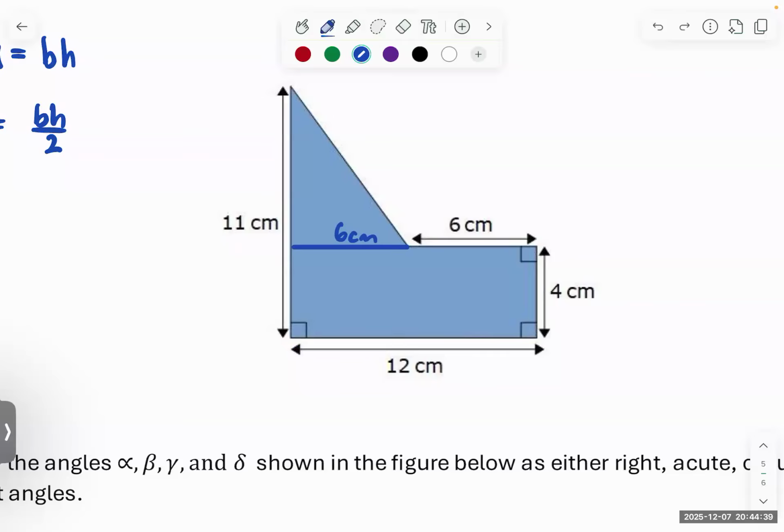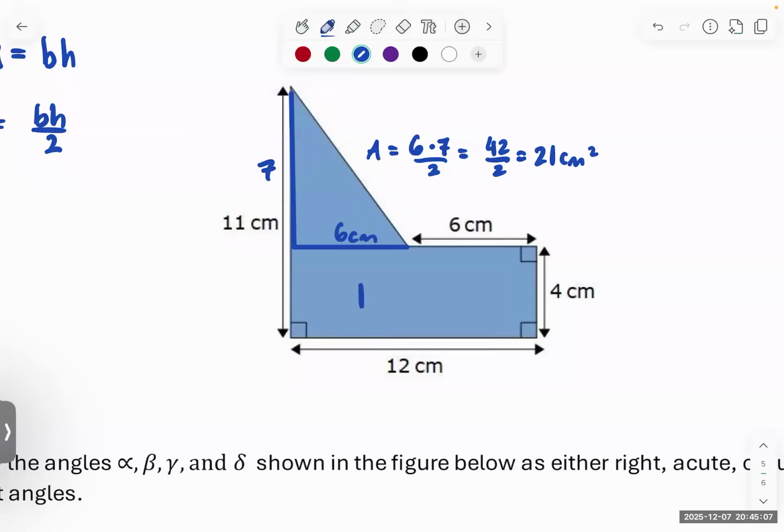And this height is going to be 11 minus 4, because if this is 4 and this is 11, that has to be 7. So 6 times 7 divided by 2 is equal to 42 divided by 2, which is 21 centimeters squared.